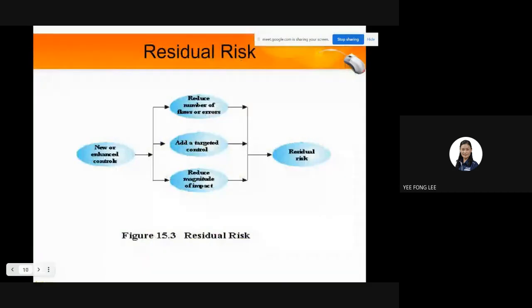Next one, we look at residual risks. So this diagram indicates the recommended list of controls that should be made to address each risk that needs to be treated.